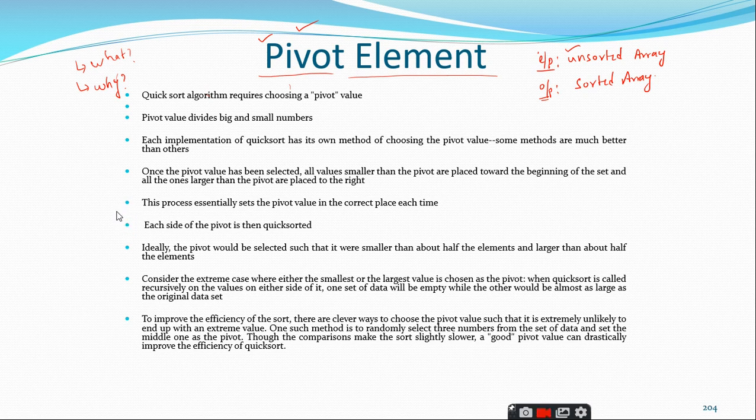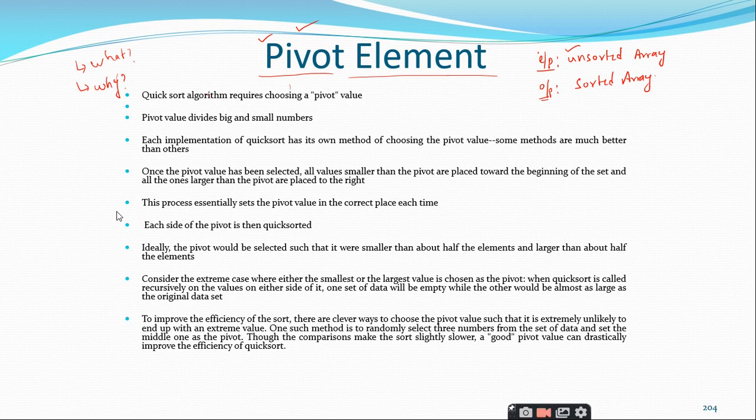When you select a particular element as the pivot element and you do some quicksort operations on the unsorted list of elements, at one point the pivot element will be placed in its correct position. So, during the implementation of quicksort, the pivot element will be placed at a correct position.